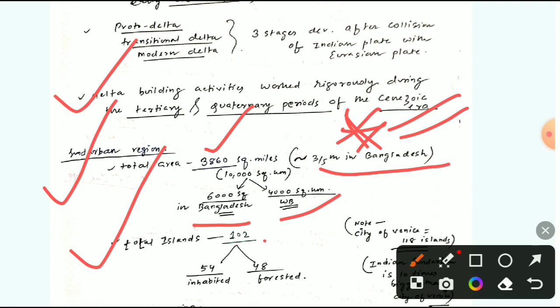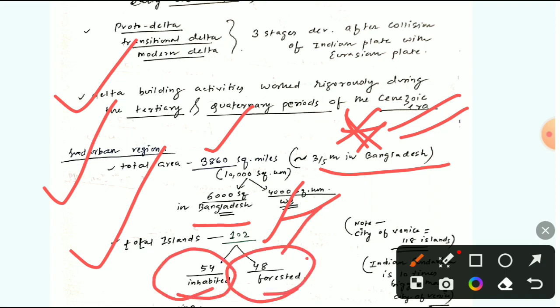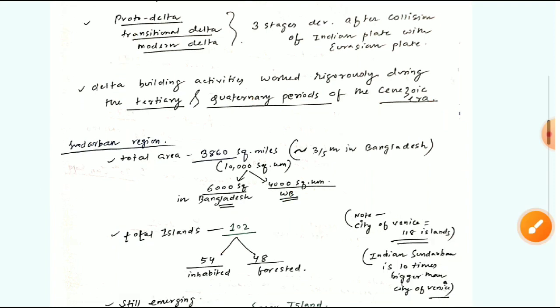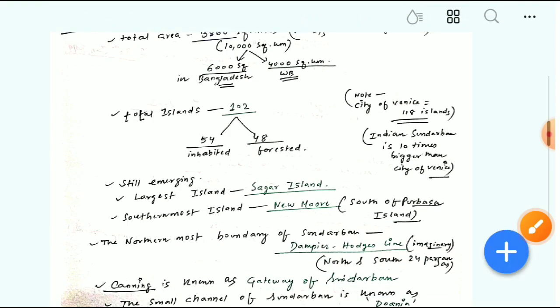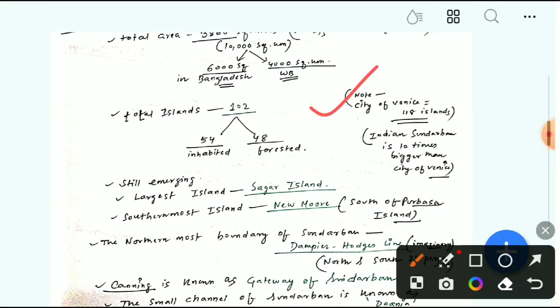Total islands present here are 102, and 54 are inhabited by men, and 48 are forested. So forested is maximum area. City of Venice, if you see, has 118 islands total, and it is a city, and here Sundarban alone has 102.